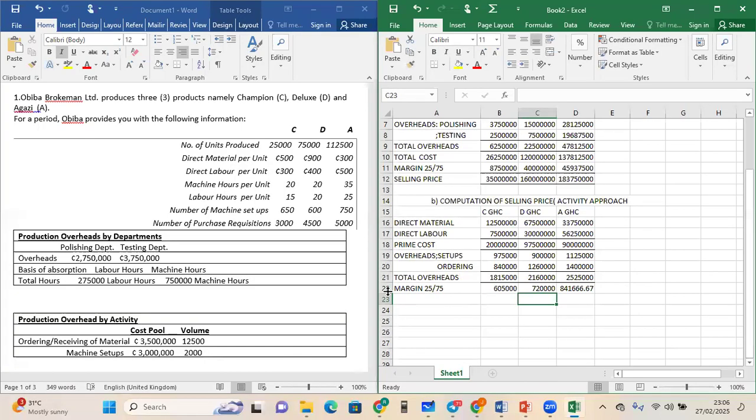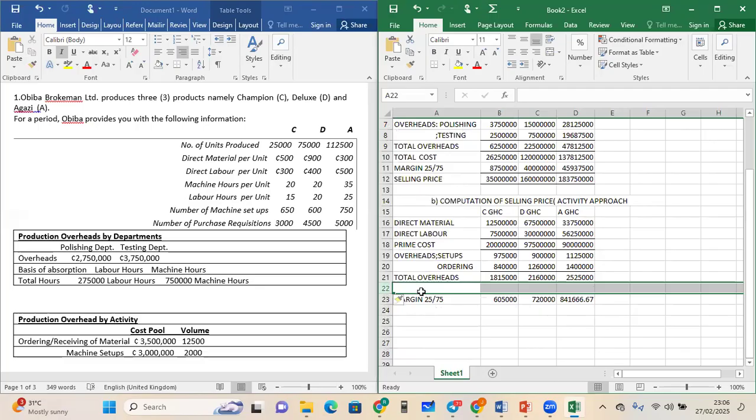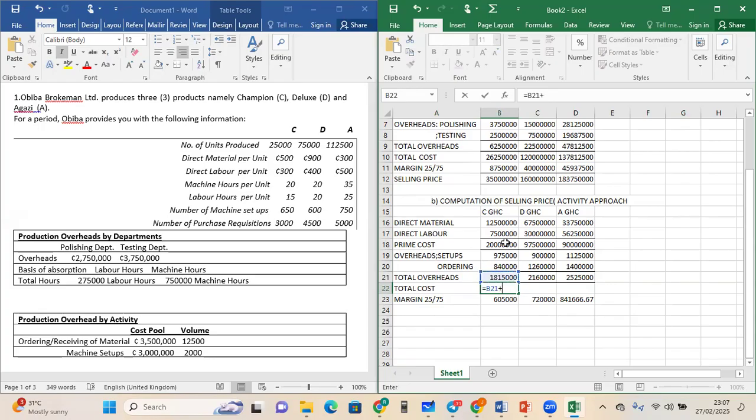Okay, sorry, we didn't bring in the total cost. The total cost is going to be equal to this overhead plus the prime cost.